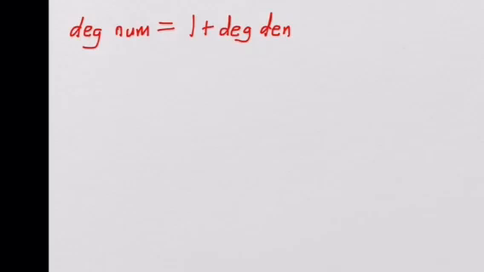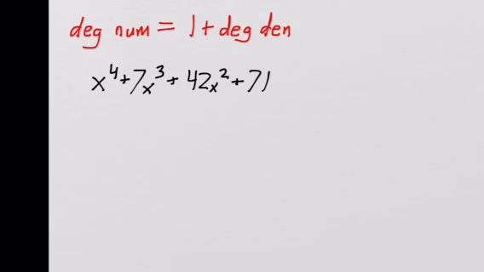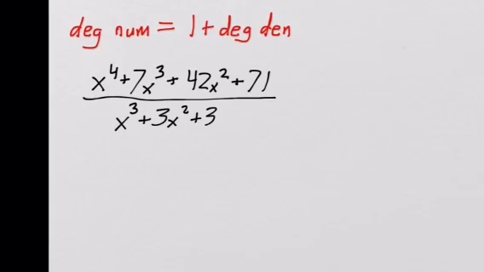So for example, x to the fourth plus 7x to the third plus 42x squared plus 71 divided by x cubed plus 3x squared plus 3x plus 1.